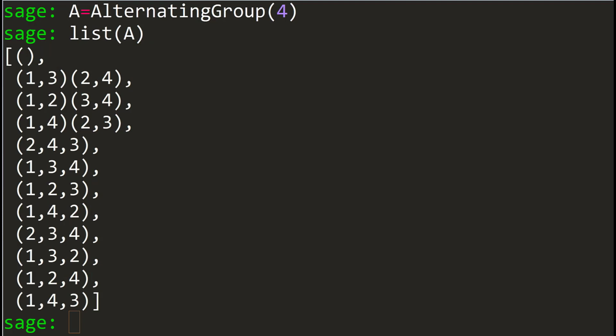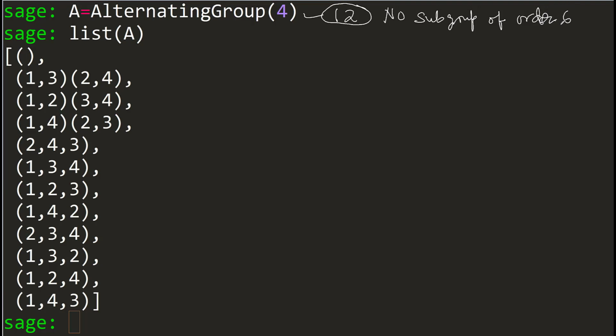So here we have an alternating group, and the number of elements here is 12. All right, and what we are going to show is that there is no subgroup of order 6 in here.